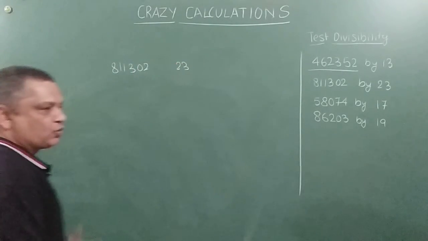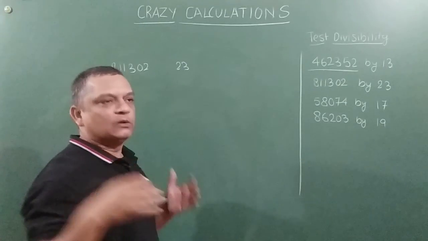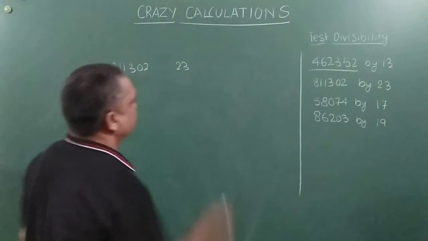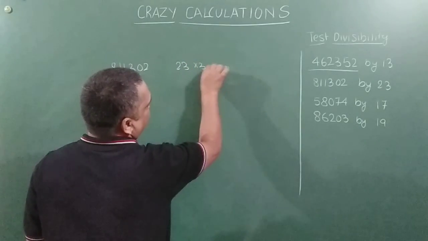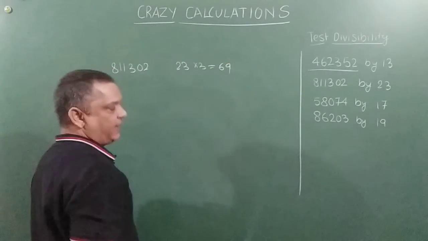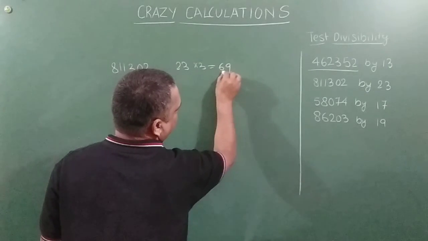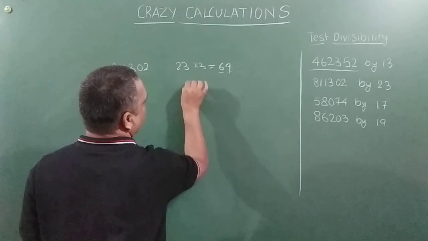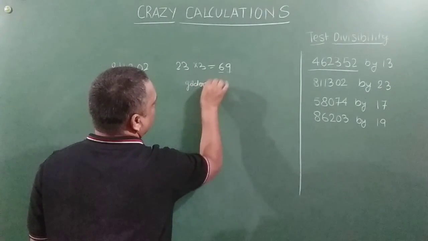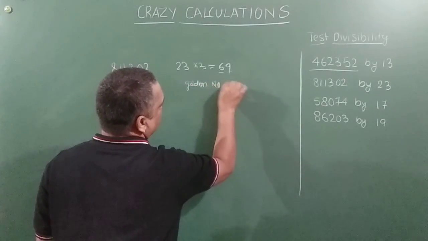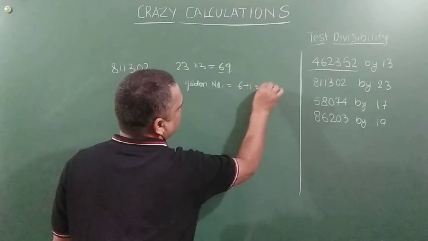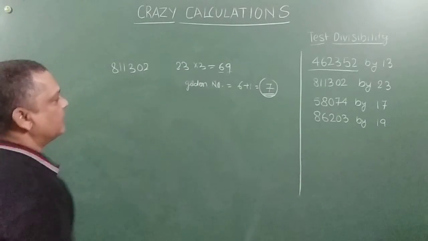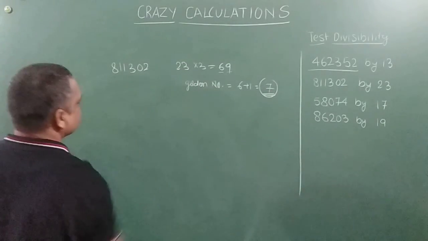To make the last digit of 23 a 9, the option left with me is 3 into 3, so I multiply by 3, and it gives me 69. Now this has become 9, this number is 6, so I increase 6 by 1. So the golden number is 6 plus 1, that is 7. This is my golden number.